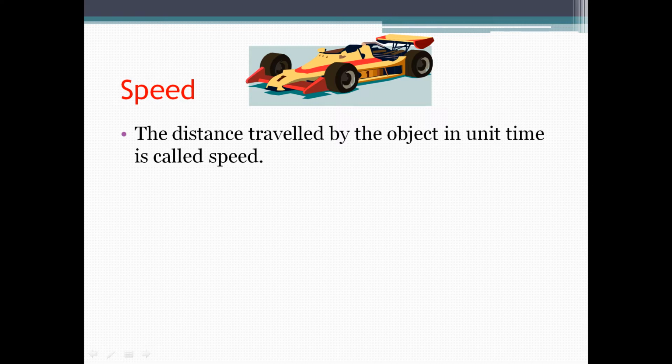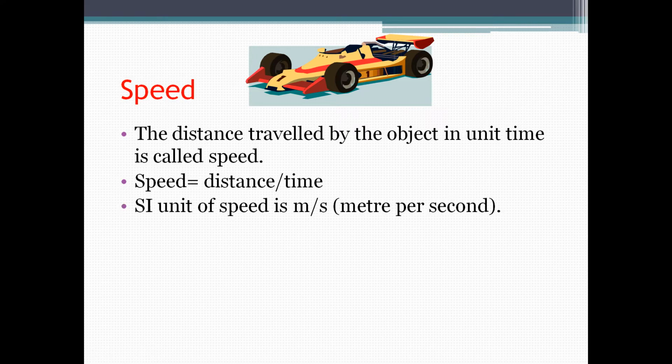Speed, as you have learned in your lower classes, is the distance traveled by the object in unit time. That is called speed. The formula for speed is distance upon time. The SI unit of speed is meter per second. This is the international unit of speed.